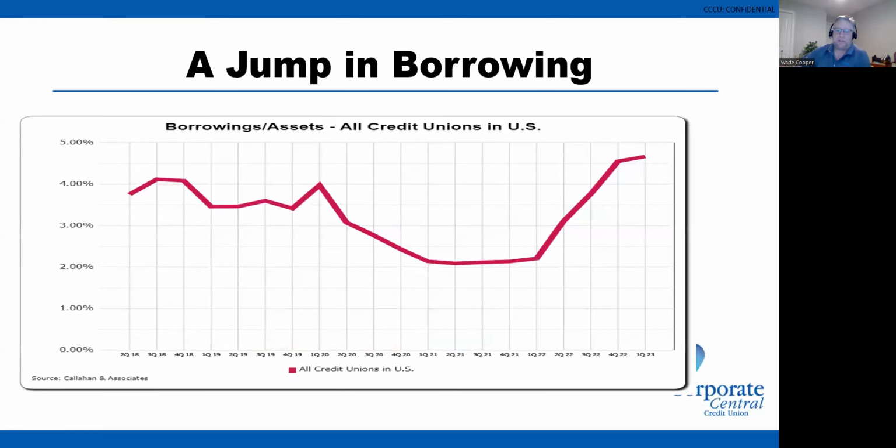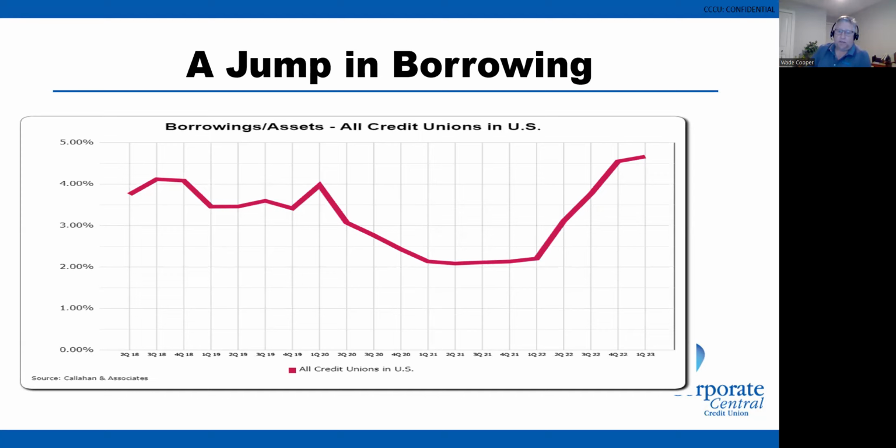You can also see recently this kind of a jump in borrowing. So borrowings to assets. This is, again, all credit unions. Right when we started going up in the rates, that's when the borrowings spiked, and we're hopefully just leveling off here a little bit. Not that borrowing's a terrible thing, but we're seeing a lot more of it industry wide.